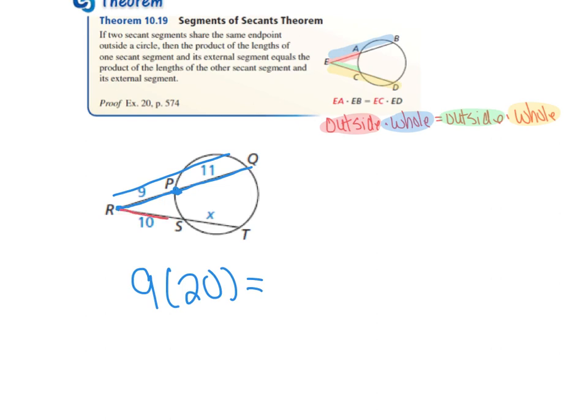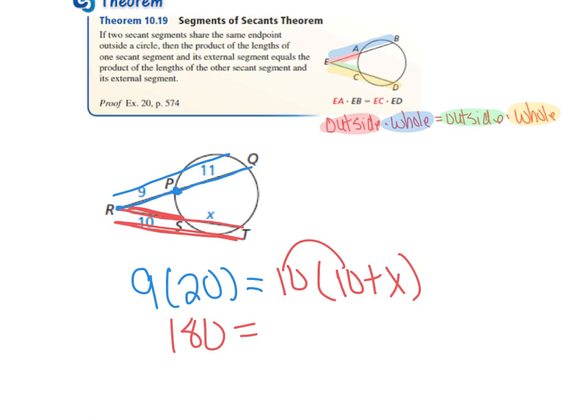And then the other one is the red one there. The outside part is 10. The whole thing, you add them together, which is going to be 10 plus x. So now we go ahead and we solve. 9 times 20 is 180. 10 times 10 is 100. 10 times x is 10x.